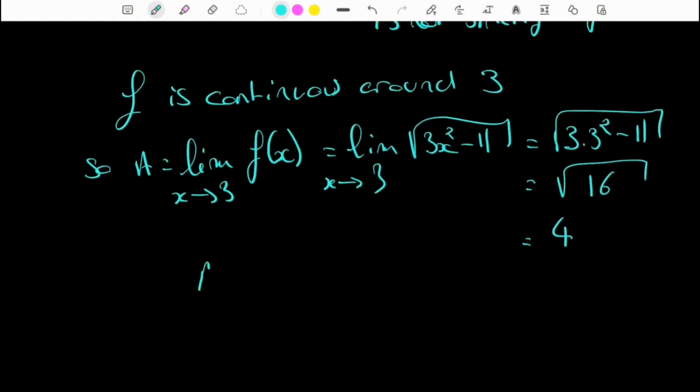So a is equal to 4. We answered the question.